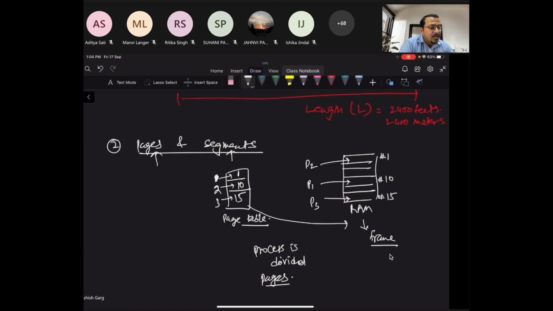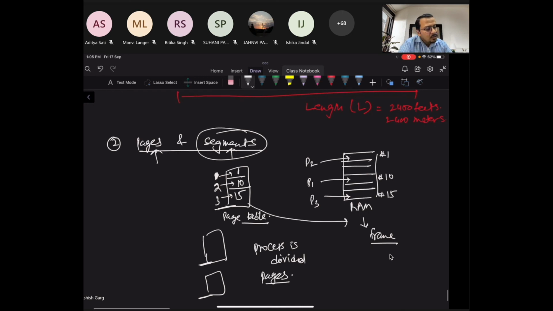So this page table is stored in a frame, and if the page table is so large that it cannot be stored in one frame, then we can have multiple page tables. So this is page table 1, page table 2, page table 3, and for that purpose we need segments. So if we have more page tables, then we move to segments.